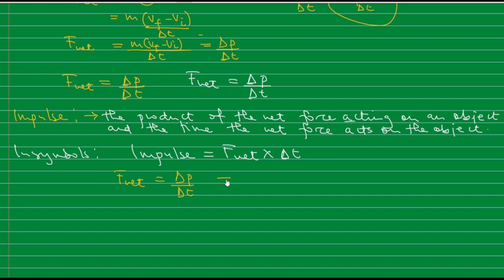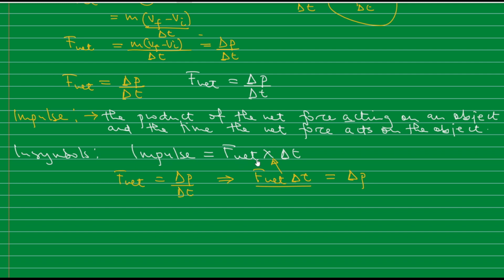You'll find that this formula transforms into F net times delta T, which is equal to delta P. So this product of the net force and time is what we are referring to as the impulse.